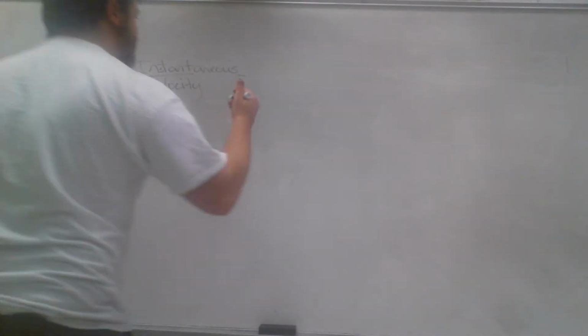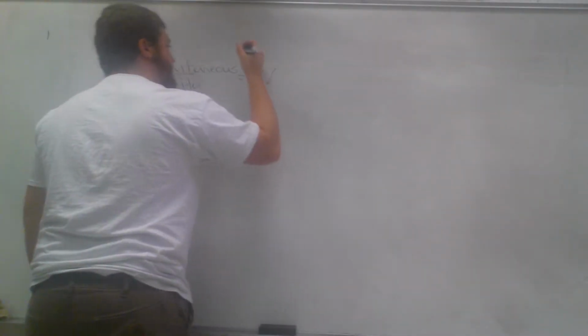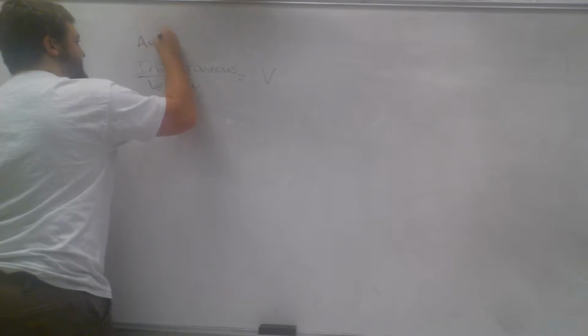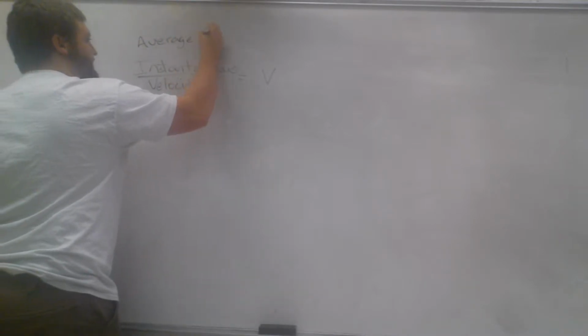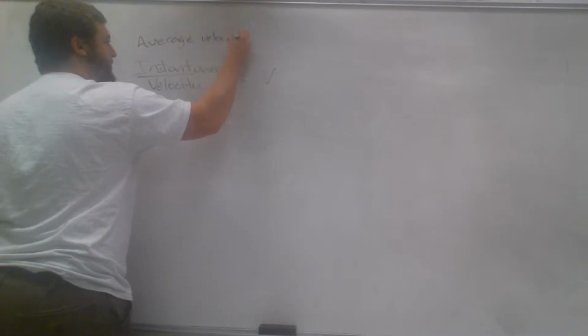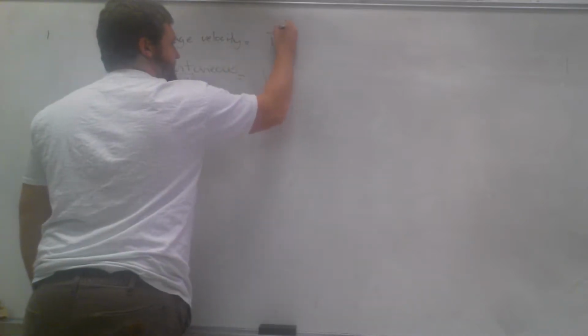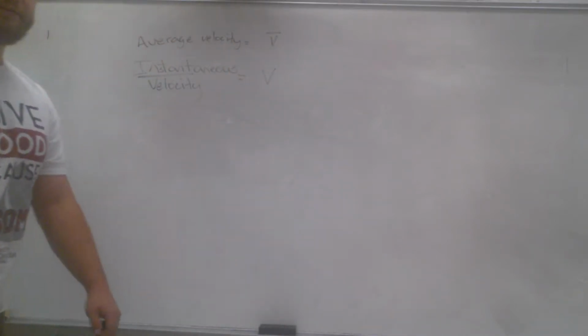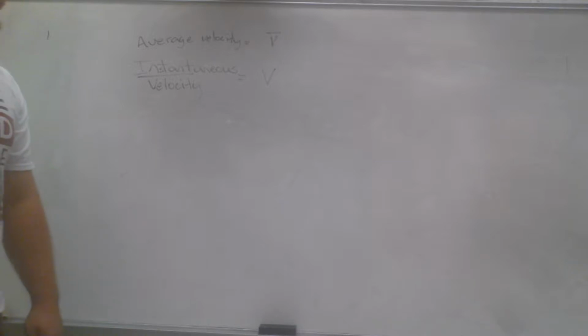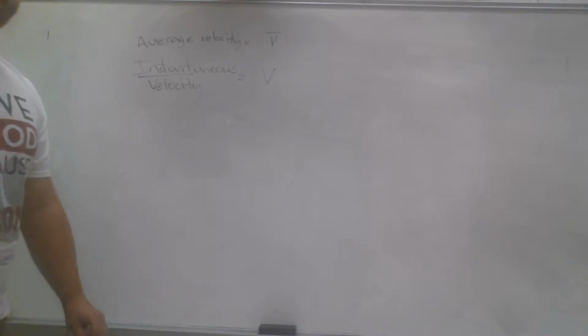Okay, so instantaneous velocity, there's just no deltas, okay? So it's just distance over time at that moment. So your symbol for instantaneous velocity would just be v, whereas for average velocity, I should have wrote this, I'm sorry. Your average velocity is v with a line over it, because that line means average. Okay. Makes sense? I hope so.